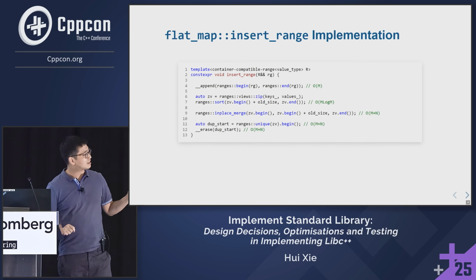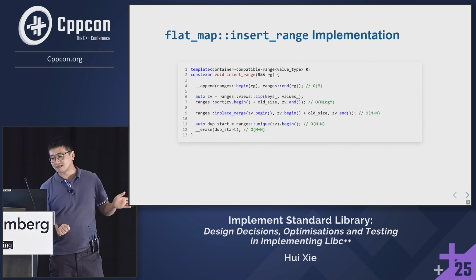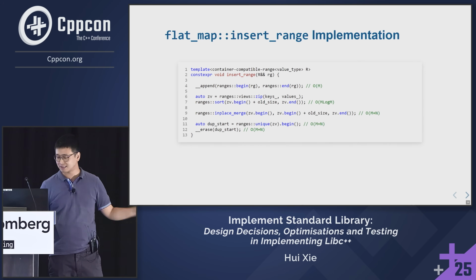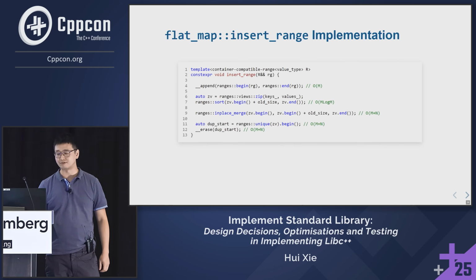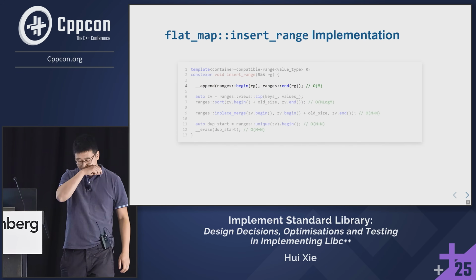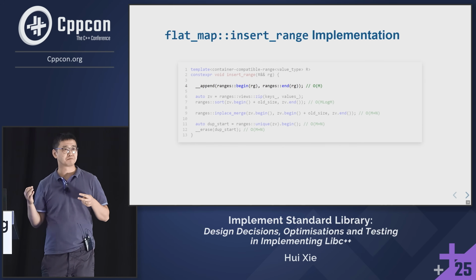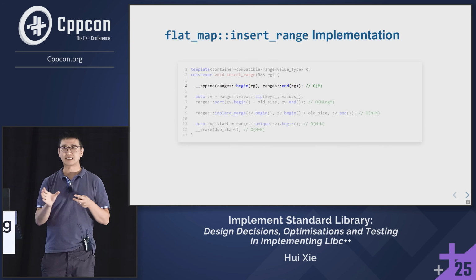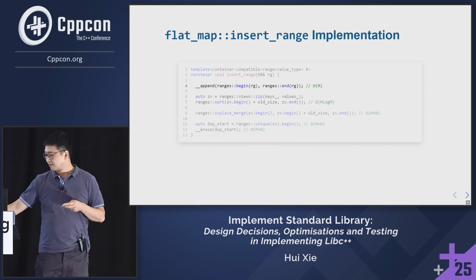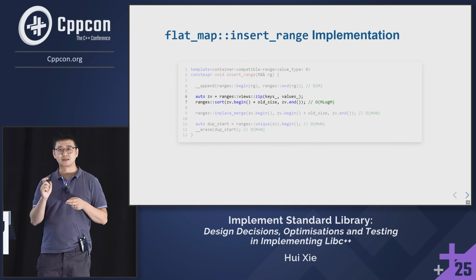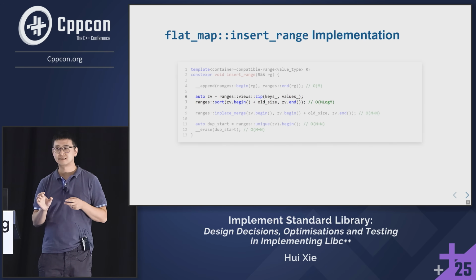So in a nutshell, this is not exactly how we implement it. There are a couple of steps to insert_range. As I mentioned, we have a vector of keys and a vector of values. So the first step is we append all the new elements at the end of the two vectors, right? Then we partially sort the newly inserted elements.